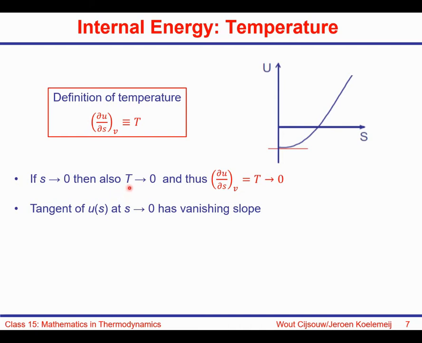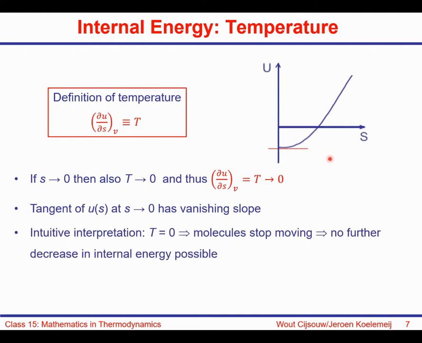When the temperature goes to 0, this particular partial derivative also becomes 0, which means that if entropy goes to 0, the slope of the curve, which is represented by this partial derivative, also becomes 0, as shown by this red tangent here.